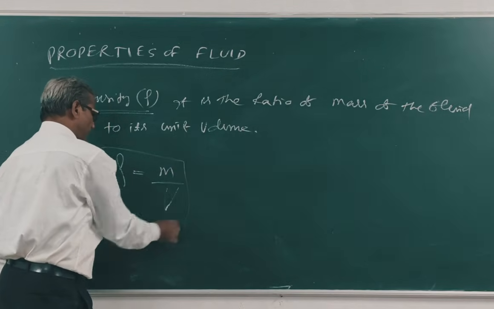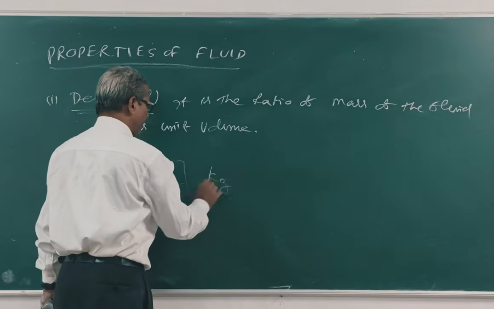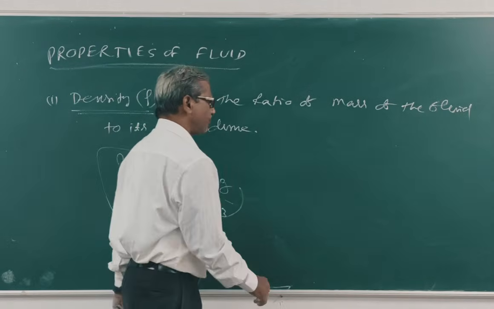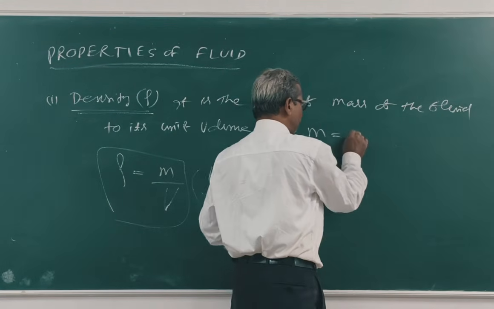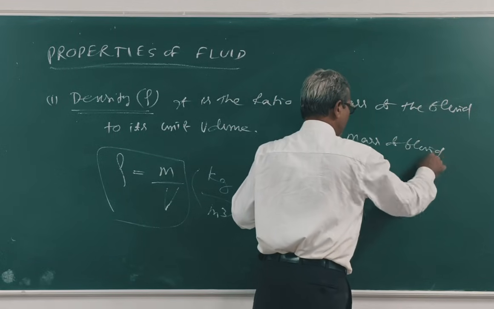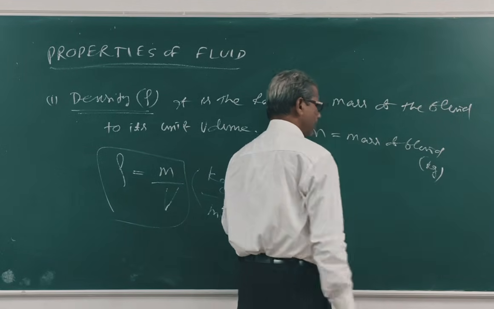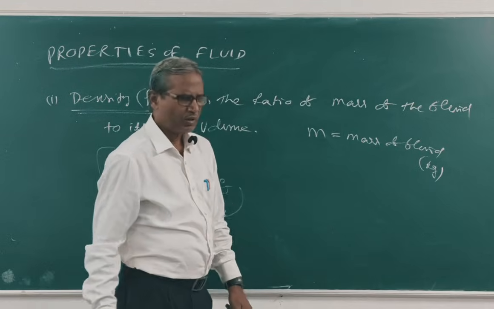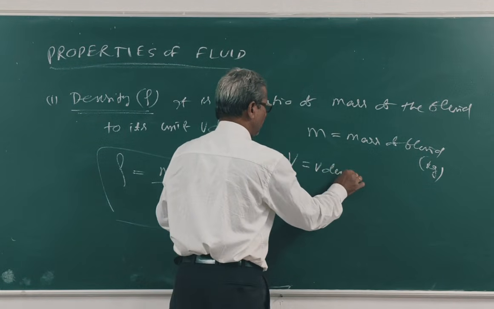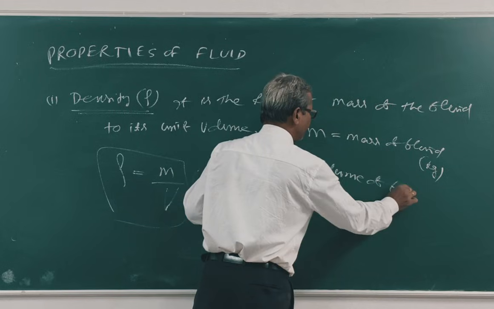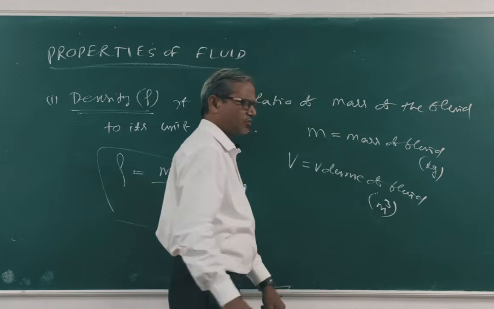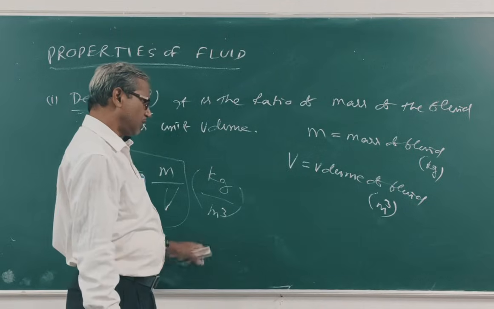What is unit? Kg per meter cube, where m is equal to mass of fluid in kg, right? V is equal to volume of fluid. What is unit? Meter cube. Clear?